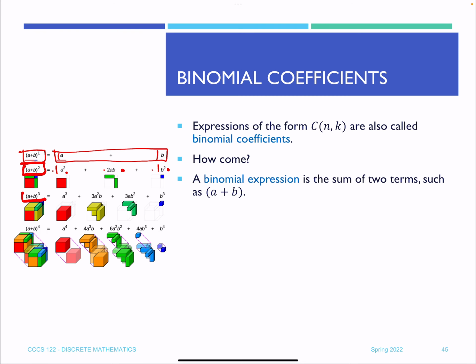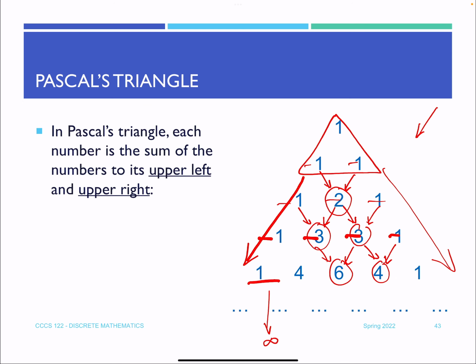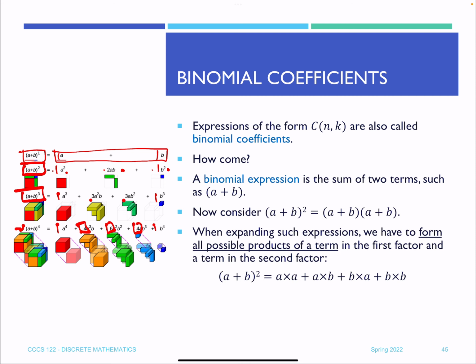And when you expand the cube, you get coefficients of these terms 1, 3, 3, 1. And when you expand the fourth power, the coefficients are 1, 4, 6, 4, 1. So you can see that these coefficients over here that you get from the expansion of different powers of a plus b, again, the different rows correspond to the different rows of the Pascal's triangle.